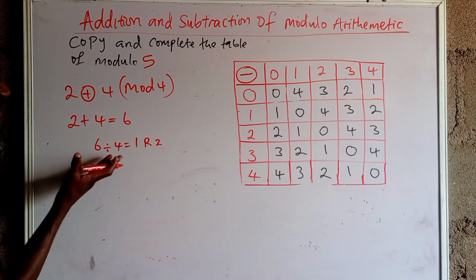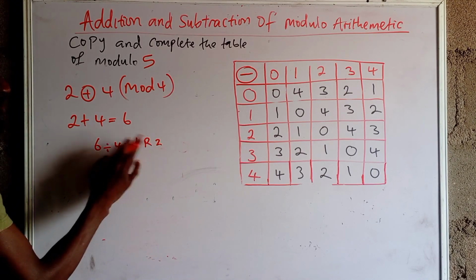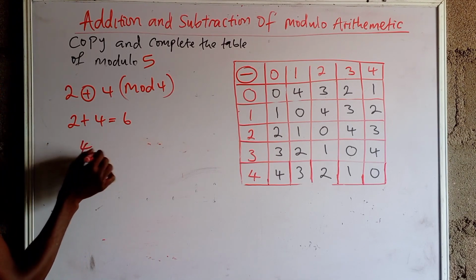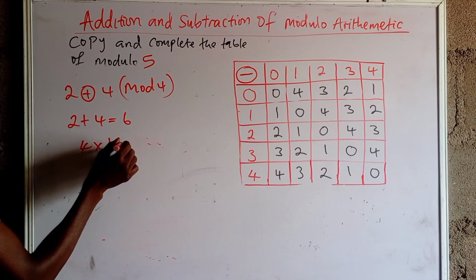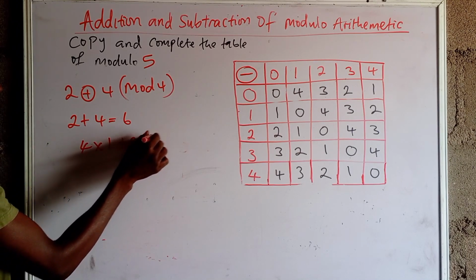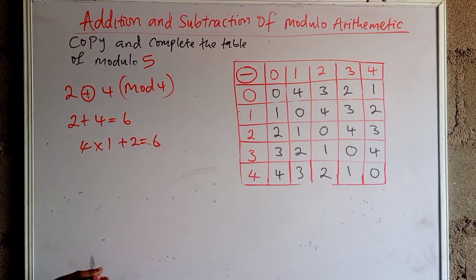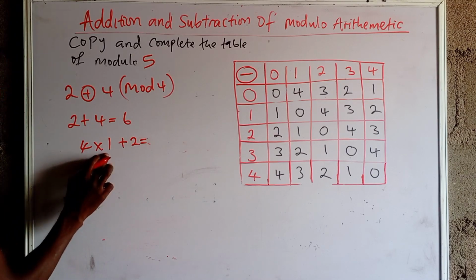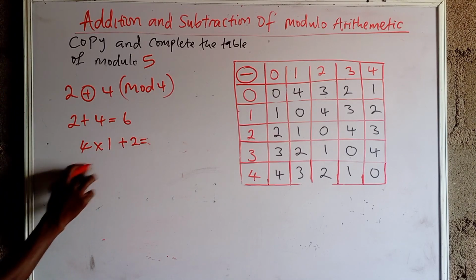That is, 4 times 1 plus 2 is equal to 6.